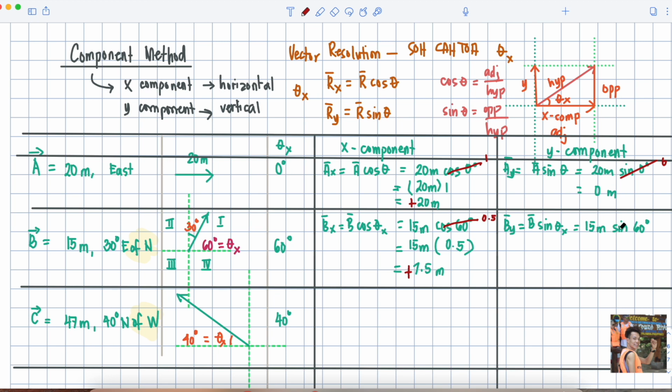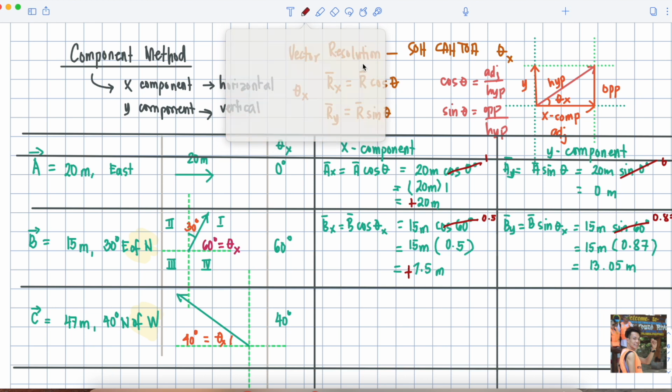Let's round that off. That is 0.87. 15 meters times 0.87, and that is equivalent to 13.05 meters.